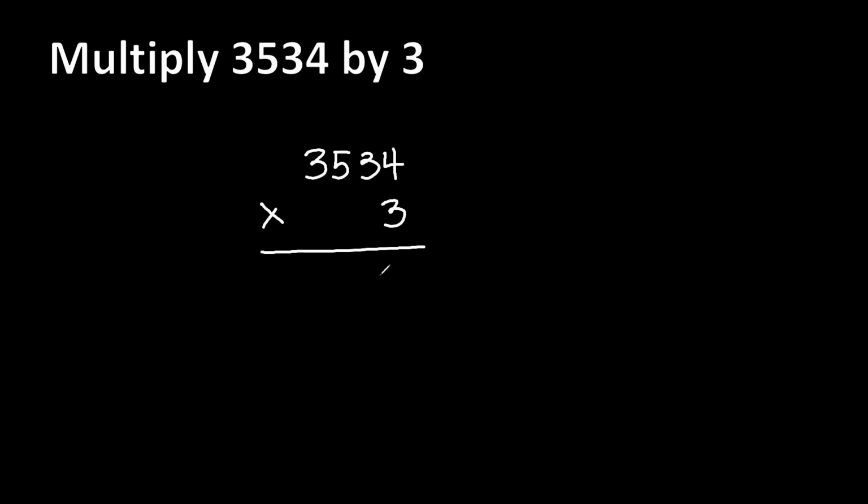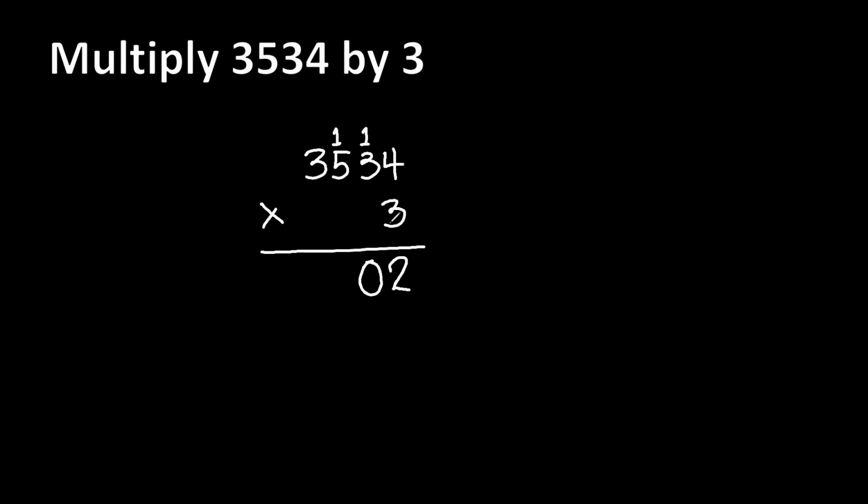But instead of writing 12 here, we just have to write 2 and let 1 carry by 3. So 3 times 3 is equal to 9 plus 1 will be equal to 10. Write down 0, carry 1.